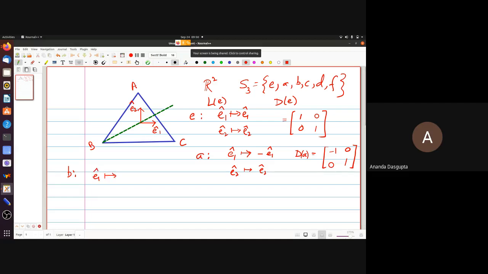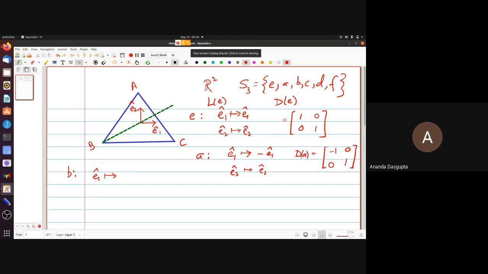So this is slightly more tricky. But what is the angle which E1 makes with the median? 30 degrees, right? So after reflection, the reflected version of E1 will make an angle of 60 degrees with E1, because this angle is 30 degrees.